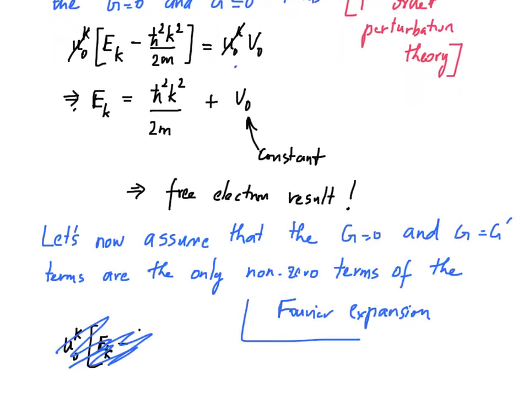Now, in addition to the g equals 0 terms that we assumed to be the only non-zero terms earlier within the first order perturbation theory, we now assume that the g equals g prime terms are also non-zero. All other terms are 0.